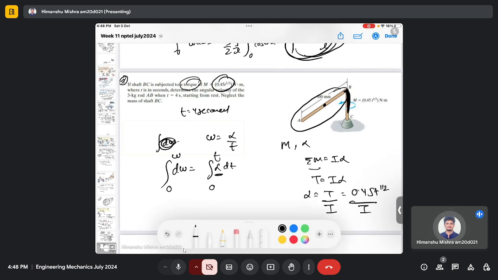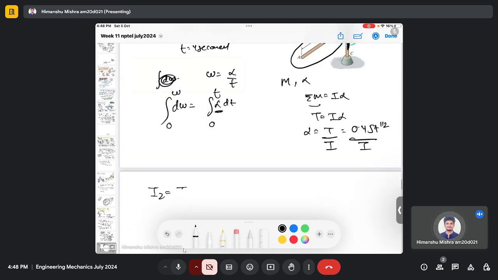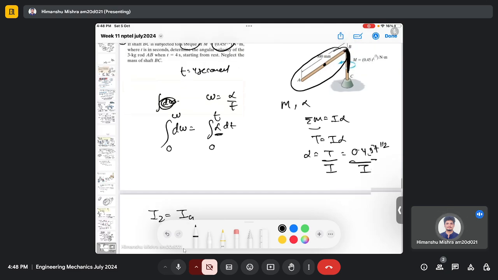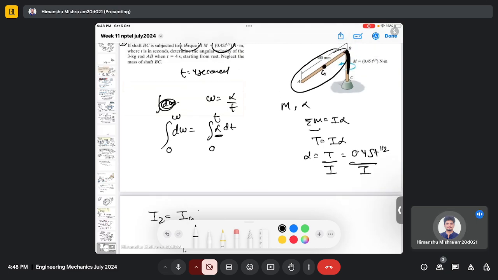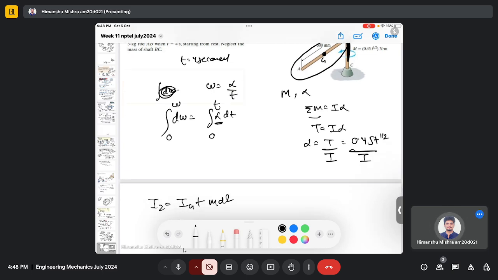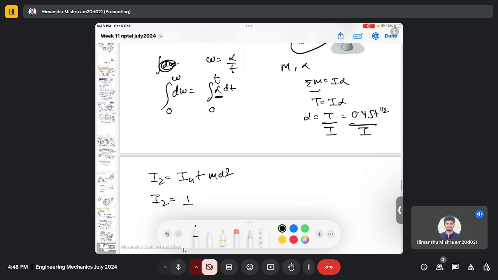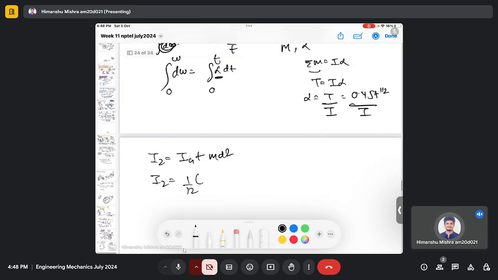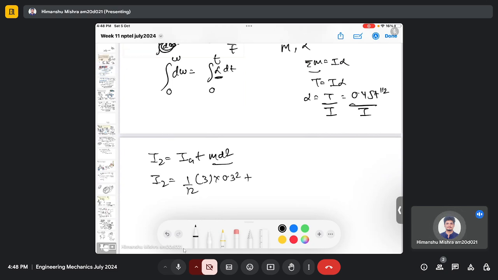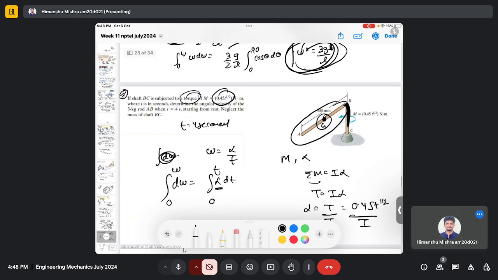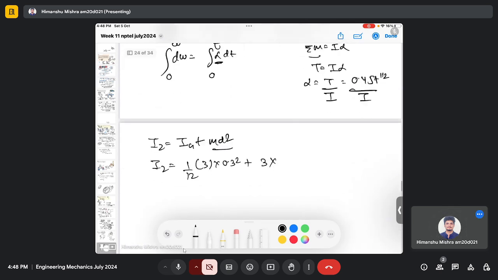So we need to use the parallel axis theorem, because Iz will be given by the moment of inertia at the center of gravity, point G, plus m d square. So my Iz will be 1 by 12 times 3 multiplied by 0.3 square, plus m d square, which is 3 multiplied by this distance, which is 150 millimeter, 0.415 square.